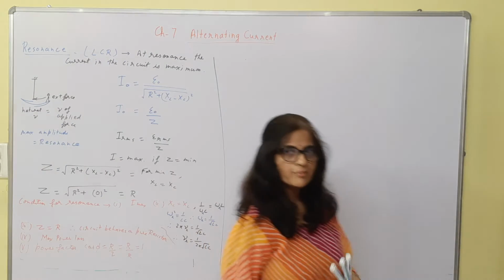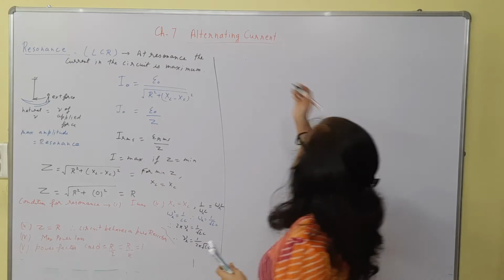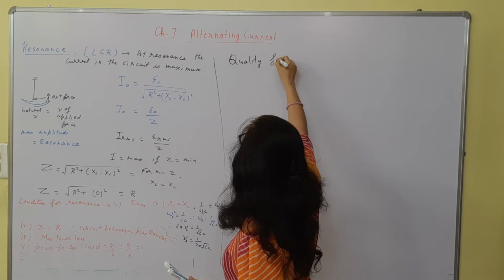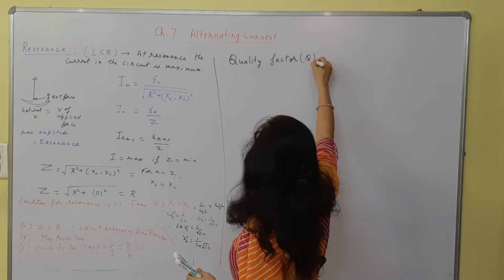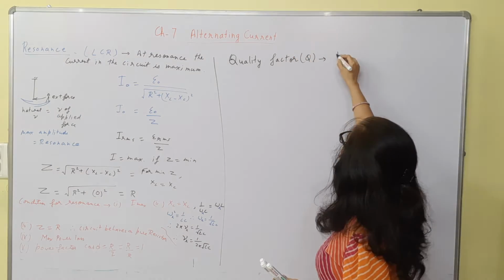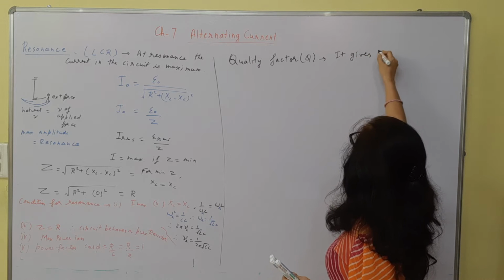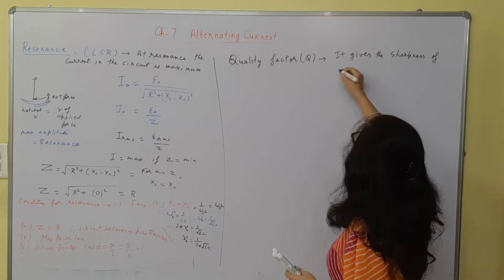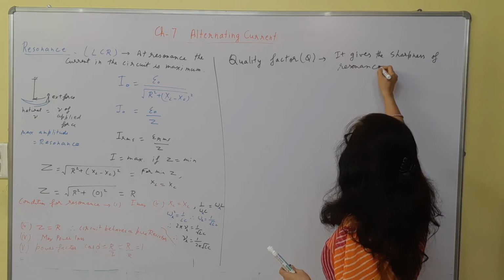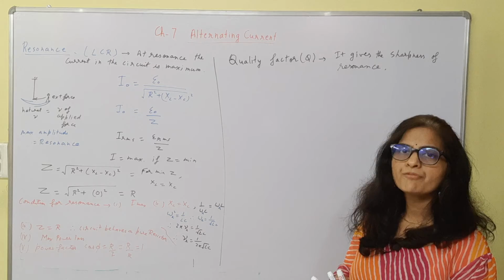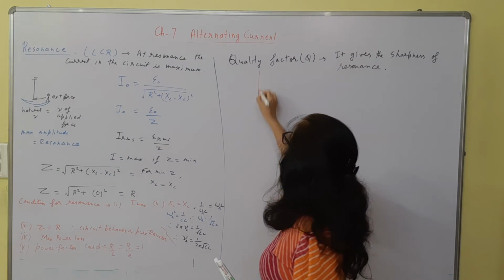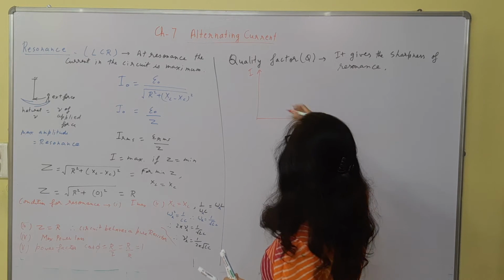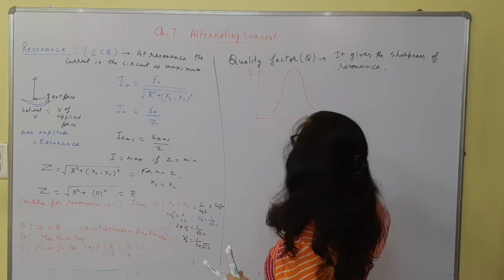Now we come to another important concept, that is quality factor. Quality factor gives the sharpness of resonance. How can we say that the resonance is sharp? If we look at the graph between the current and the frequency, then we get this kind of bell-shaped graph.